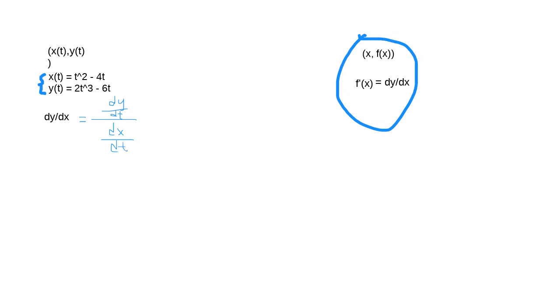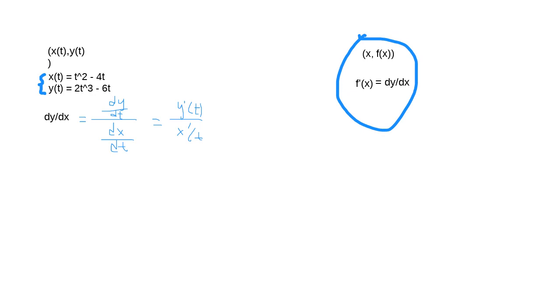So dy over dt divided by dx over dt is dy over dt multiplied by dt over dx. Simplify dt over dt, and we get dy/dx. So that's just y prime of t divided by x prime of t. Short notation, right? Just short notation.